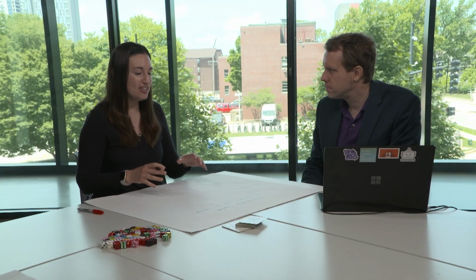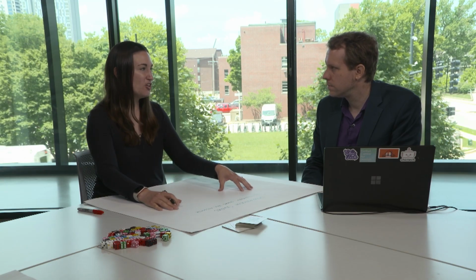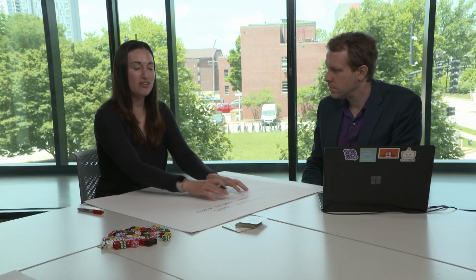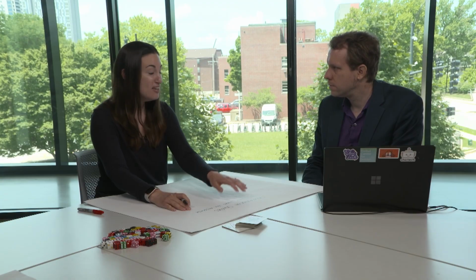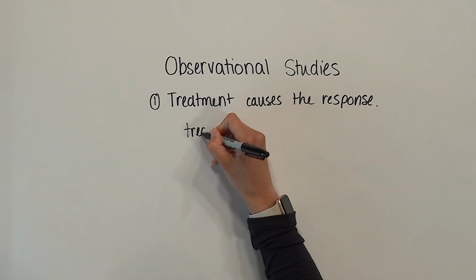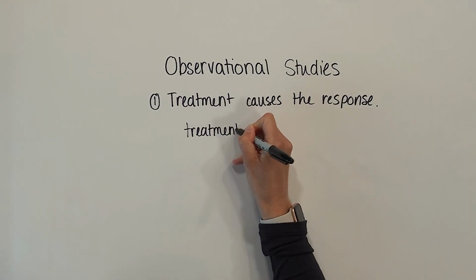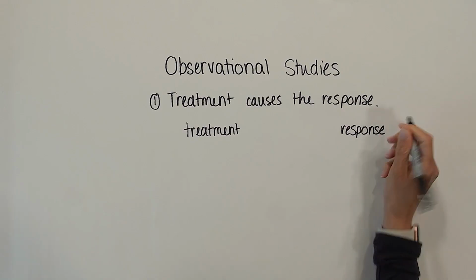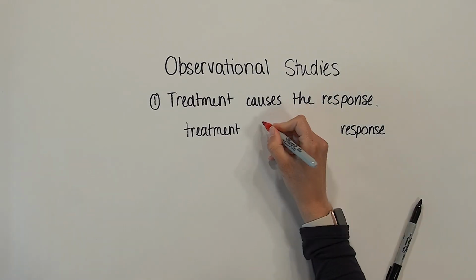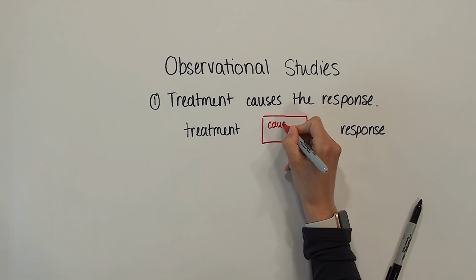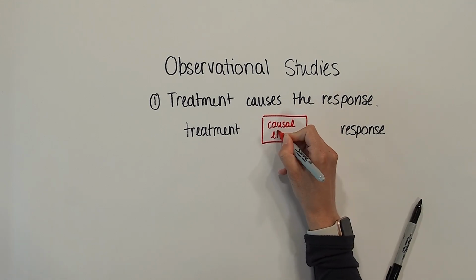I like to think of this as a causal link, and I like to use diagrams to show it. If the treatment does cause the response, even though it's an observational study, that could happen, then we have our treatment and our response, and there's a causal link connecting them. I'm going to draw a box in the middle and say this is the causal link, causal as in cause.